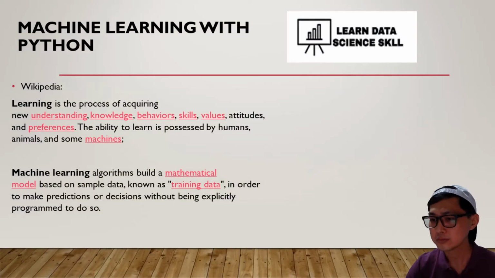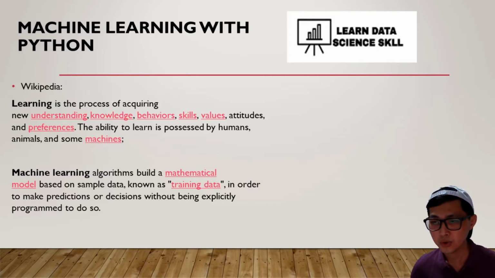Without further ado, let's look at what machine learning is. If you look at Wikipedia, learning is defined as the process of acquiring new understanding, knowledge, behavior, skills, values, attitudes, and preferences. The ability to learn is not only possessed by humans or animals, but also by machines nowadays.